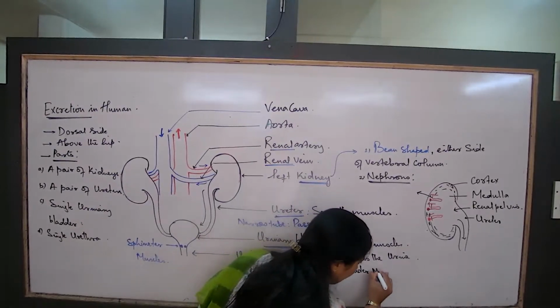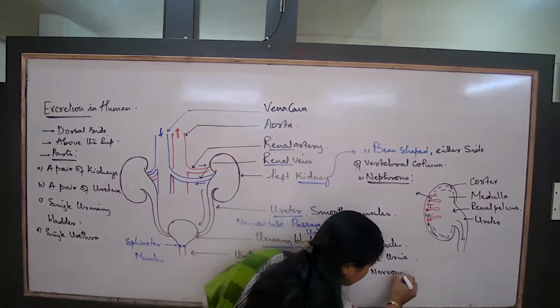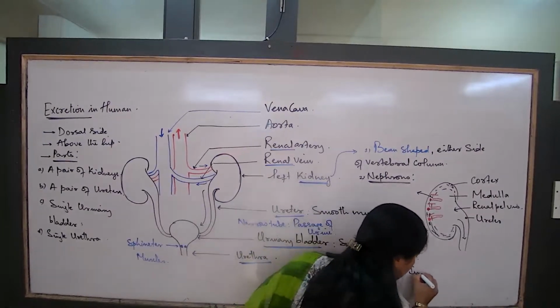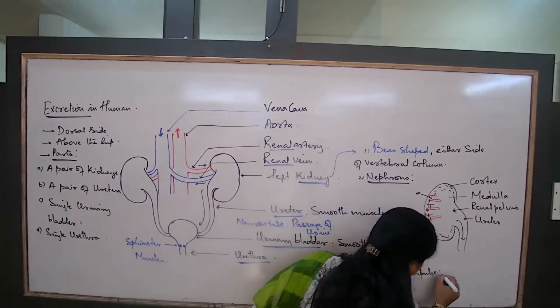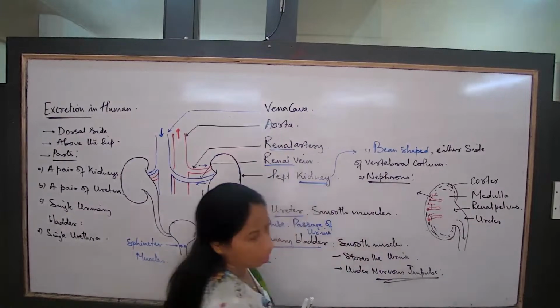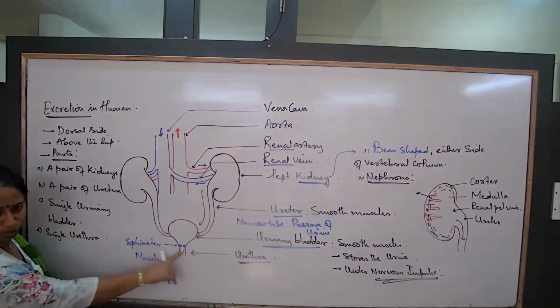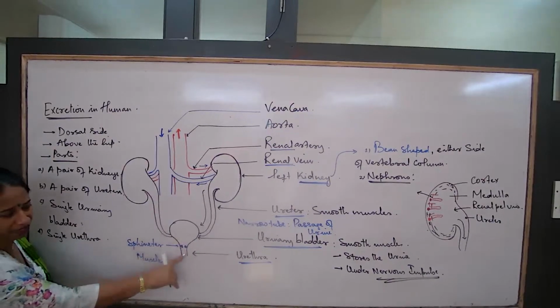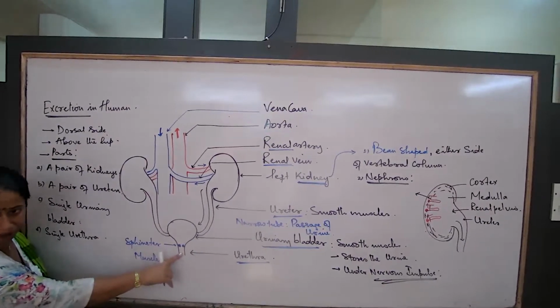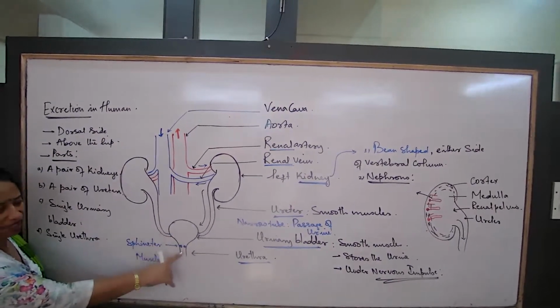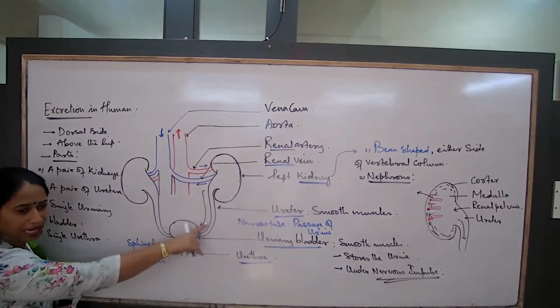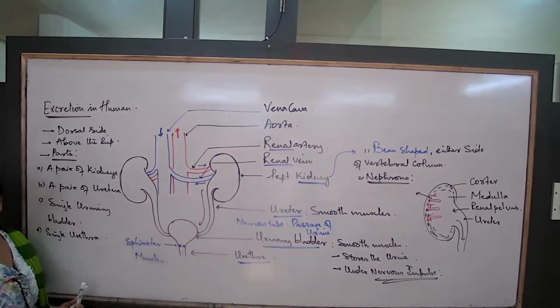Now, what is the meaning of nervous impulse? Under the message from the brain. Only under the message from the brain, these sphincter muscles, which are actually at the junction of the bladder and the urethra. Junction of the bladder and the urethra. Ureter, and this is urethra.